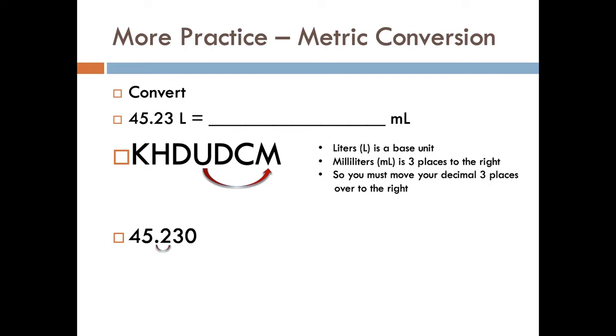So that's exactly what you do to your number. You take the decimal point where it's given and move it 3 places over to the right, and your answer is 45,230 milliliters. So then you've converted it, and 45,230 milliliters is the exact same amount of stuff as 45.23 liters. It's just another way of looking at it.